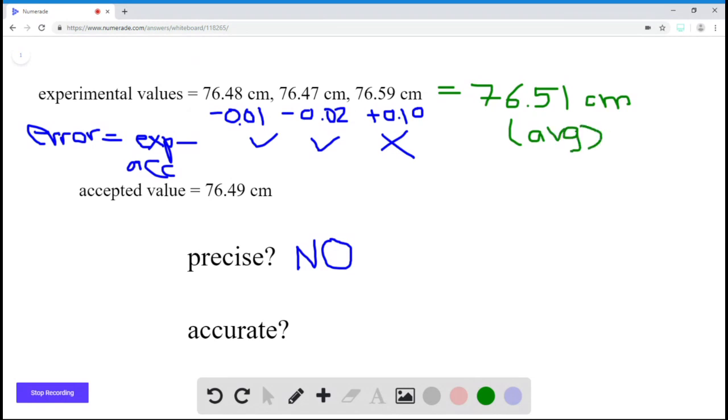Now, if you compare the 76.51 to 76.49, it's actually pretty close. So even though your experimental values were not that precise, they were actually pretty accurate. So precision, you look at the error, and for accuracy, you can look at the average.